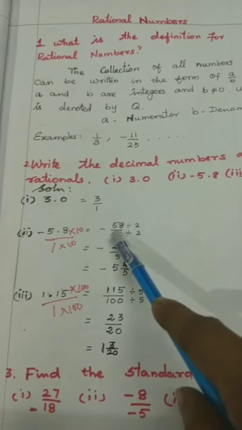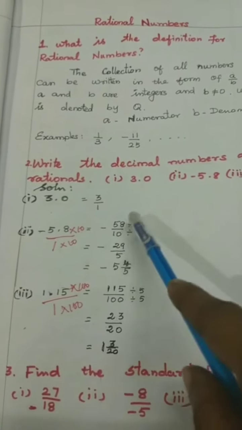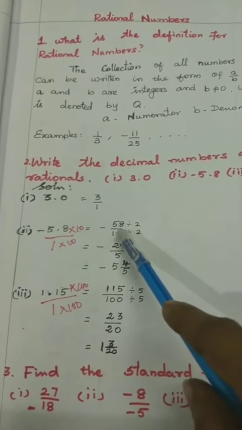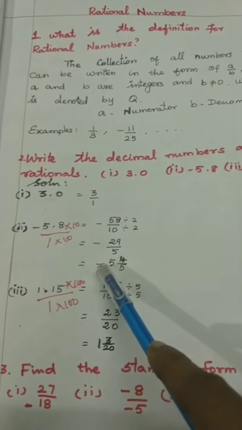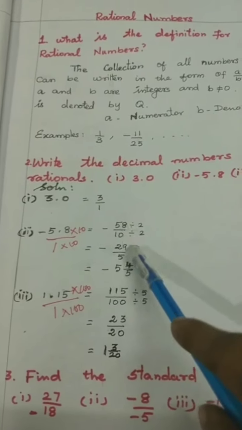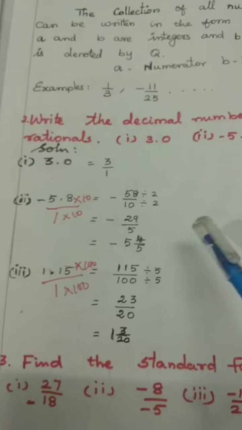These two numbers are even numbers. So 2 times 29, minus 29 by 5. So minus 5, 4 by 5. You can write like this, 5 5s are 25, the remaining 4. So we have written it in the mixed form.